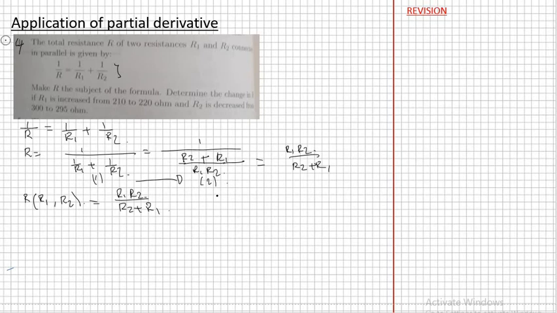It's like I have a function Z which is given by X multiplied by Y divided by X plus Y, but X and Y are replaced by R1 and R2.